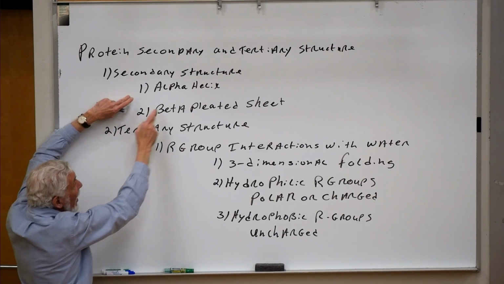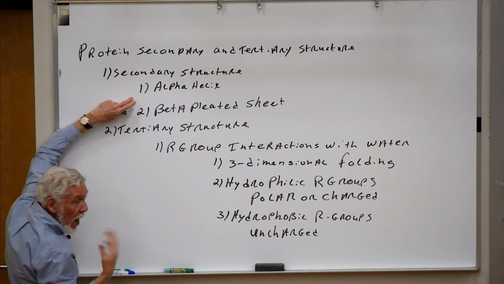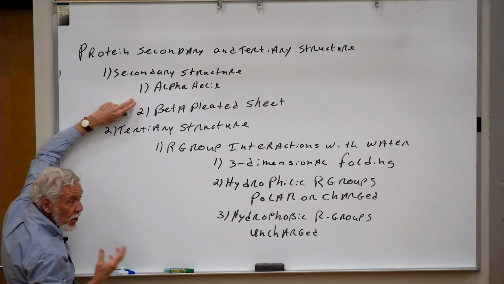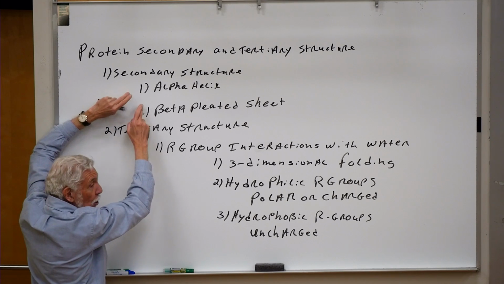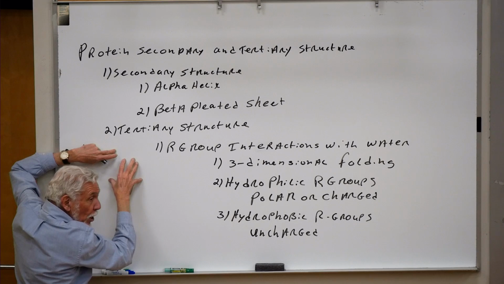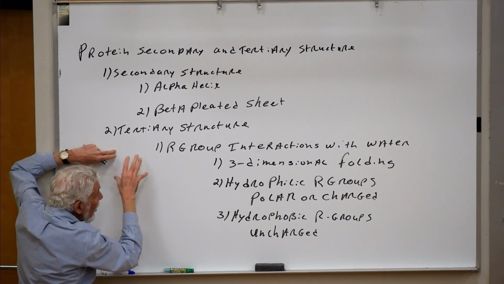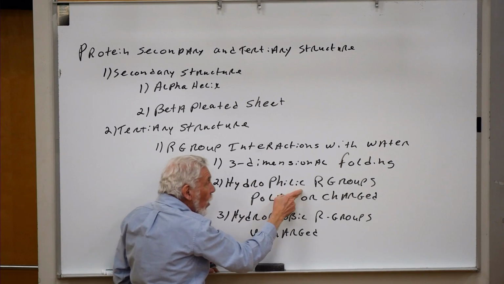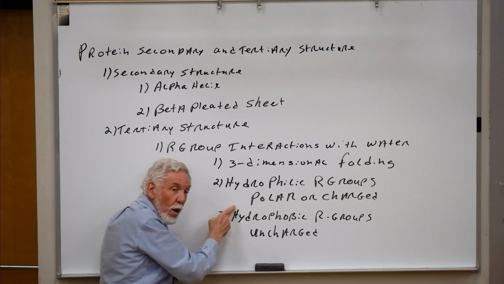Now we'll find out the alpha helix is formed predominantly from a subset of amino acids, but the R groups themselves are not involved in the generation of this structure. The three-dimensional structure of the protein comes about predominantly because of the way the R groups are interacting with the water around them.